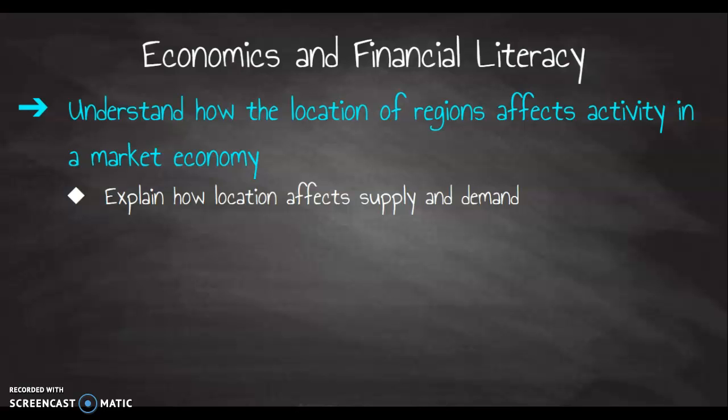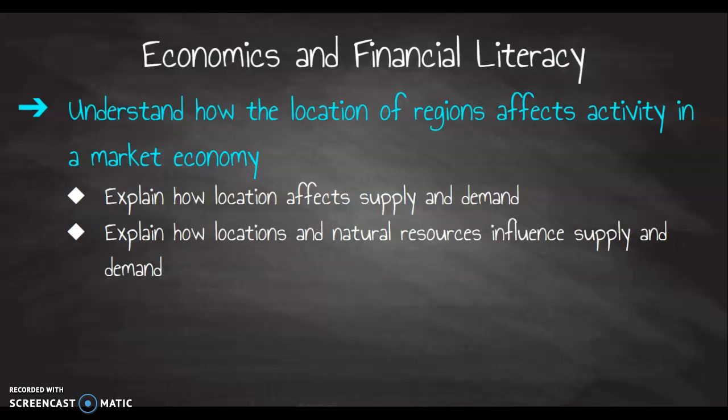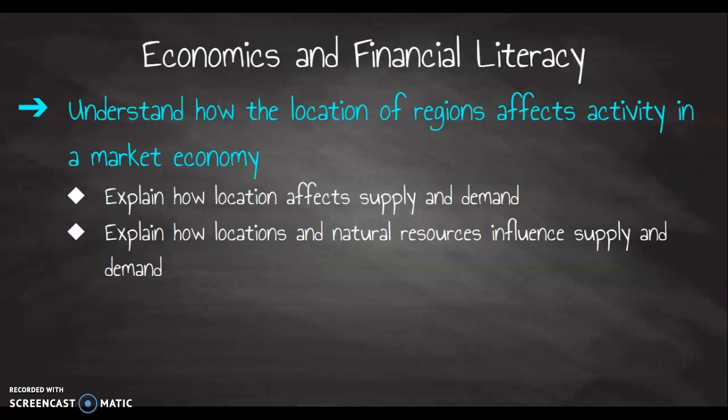So students will need to explain how location affects supply and demand, and explain how locations and natural resources influence supply and demand. So this unit is going to start our economics unit, and we are going to focus solely on supply and demand in this particular unit.